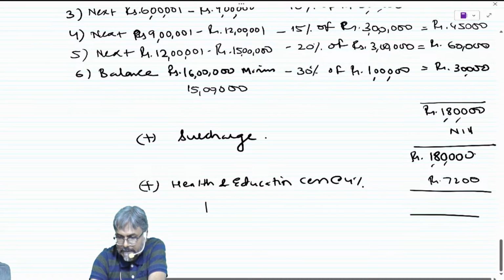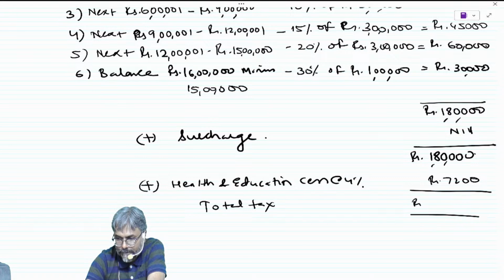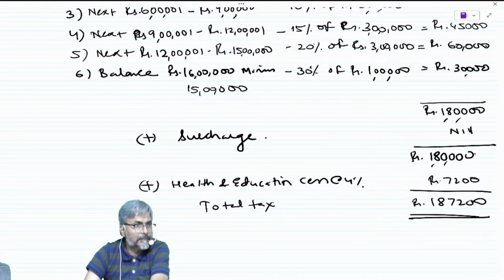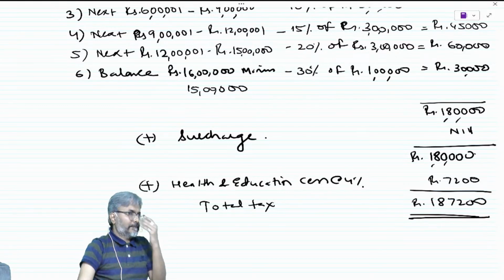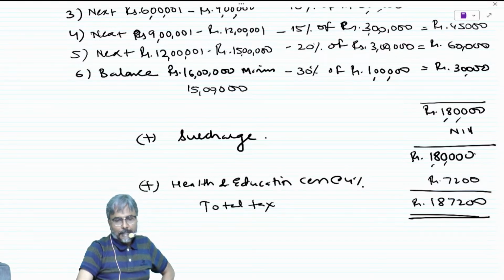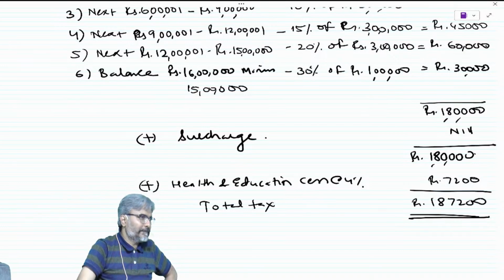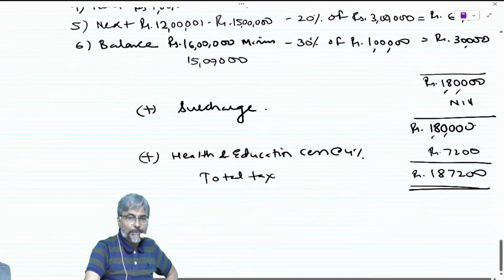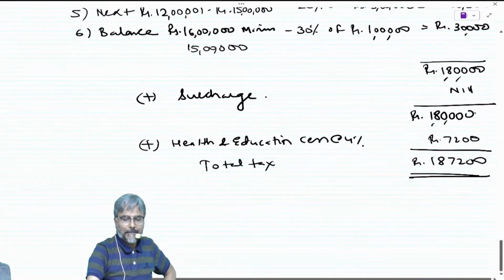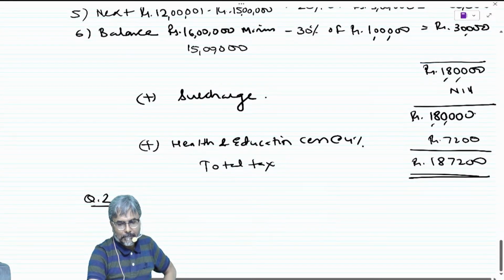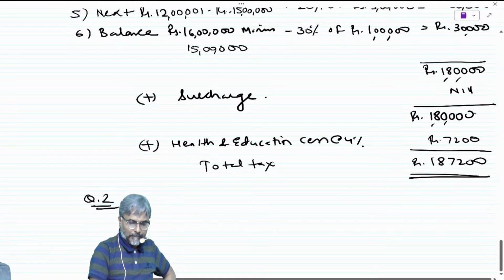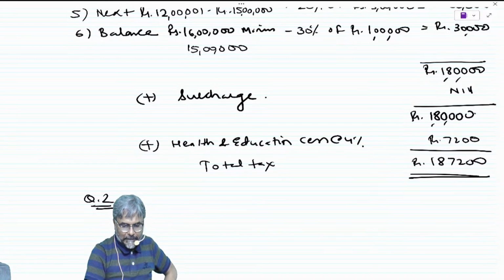So now the total tax is how much? 1,87,200. Is that point clear to all of you? Write question number 2, which is your homework now. Please write. Let me see how many of you now will be in a position to crack it.